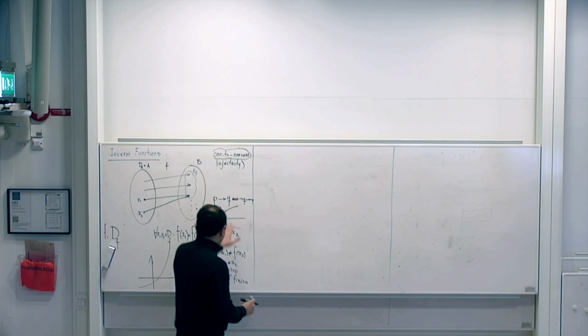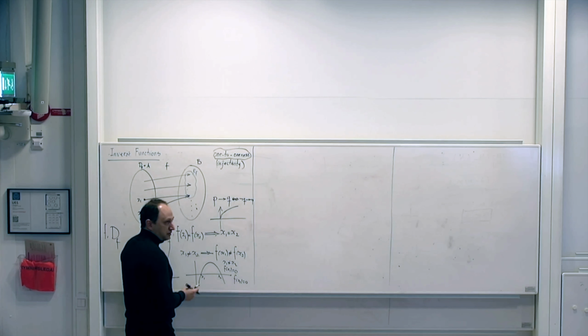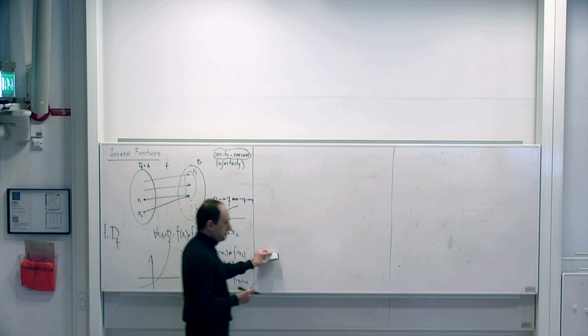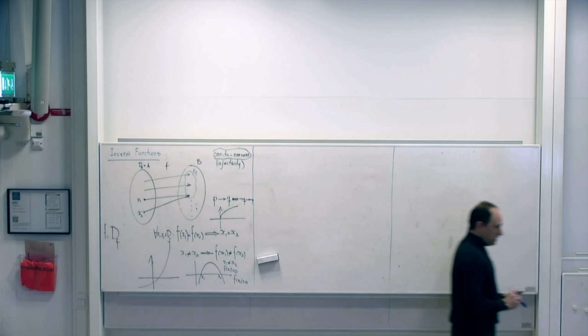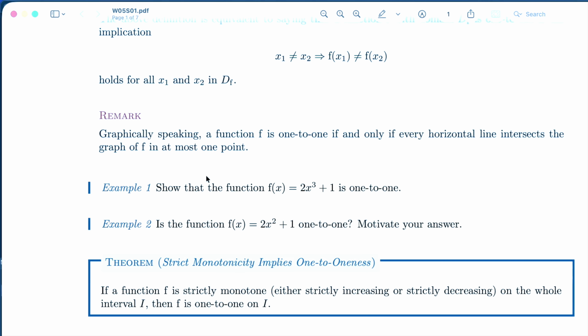So this is still not a function. Okay, but if I take this off, this is both a function and it is also one-to-one. That's the meaning of the graph. Okay, so that's a very simple notion. So let us do the examples. You can see the examples here. I can write them on the board.